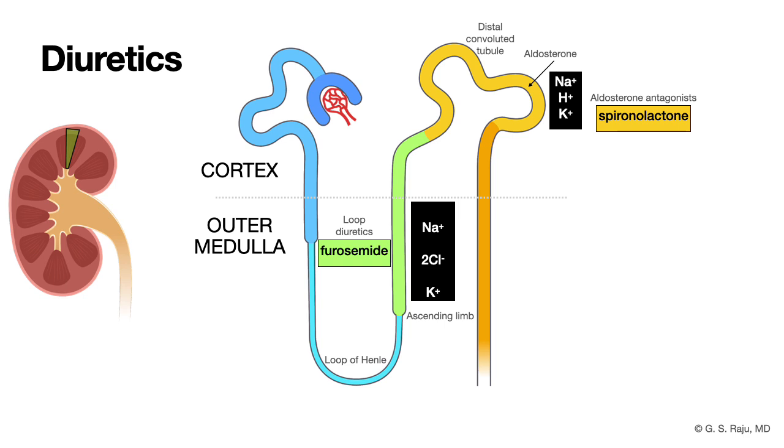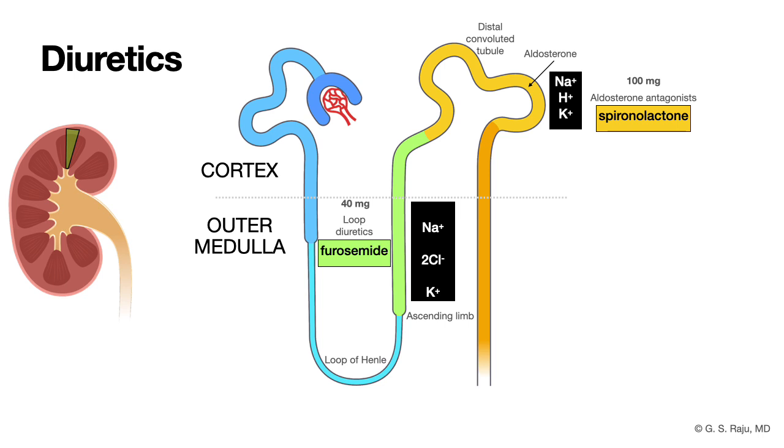So it's important to antagonize the effect of aldosterone in patients with cirrhosis. That's why you should start with spironolactone first, anywhere between 50 to 100 milligrams, and you could also add 40 milligrams of furosemide.